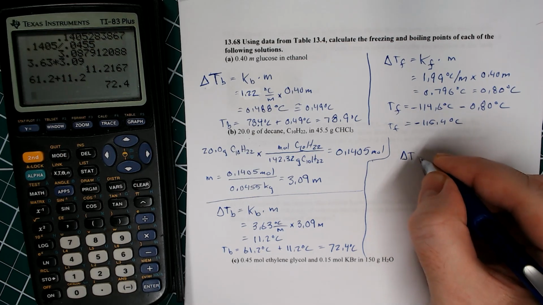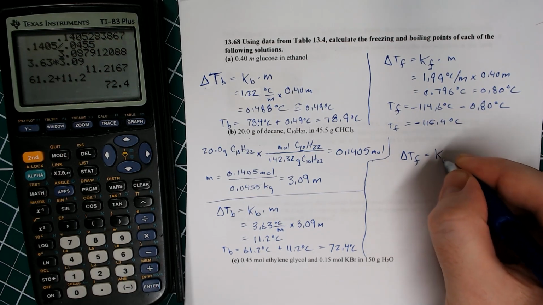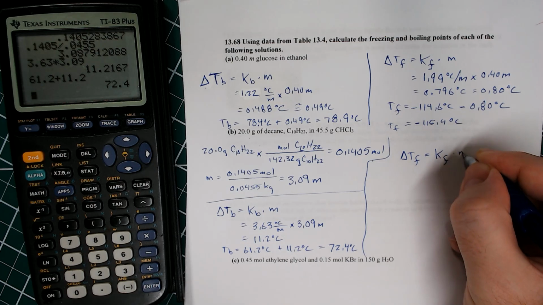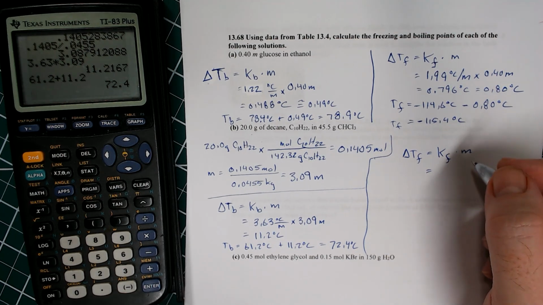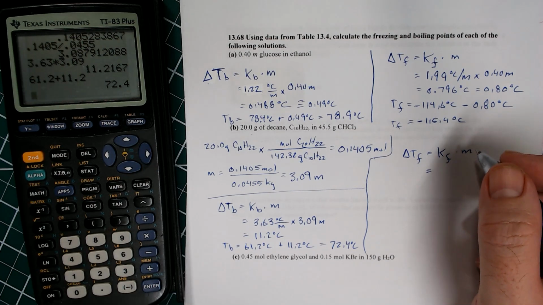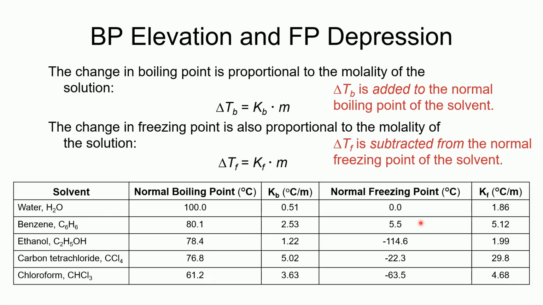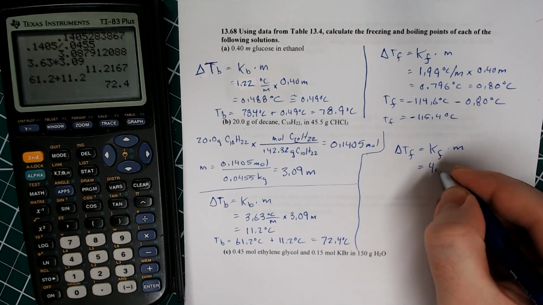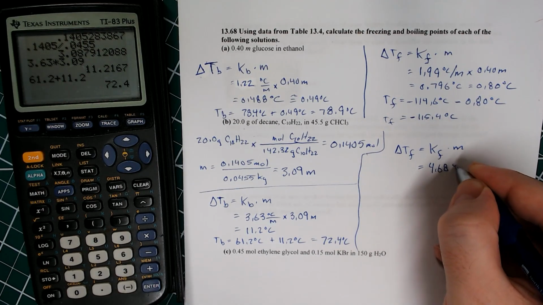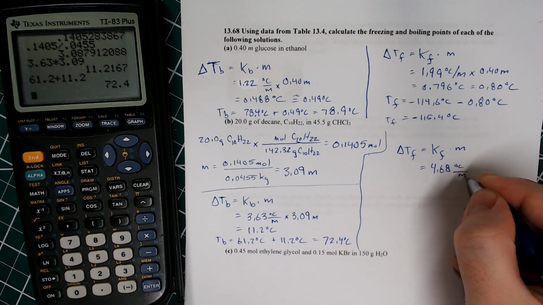All right, now we just want to do the same thing, but for delta TF. So delta TF is equal to KF times the molality. KF, again, is going to be different than the KB. So we'll go back over, look for chloroform, and KF is 4.68 degrees Celsius per molal.